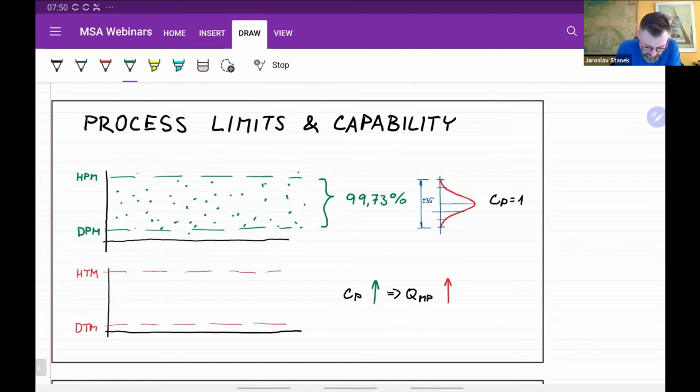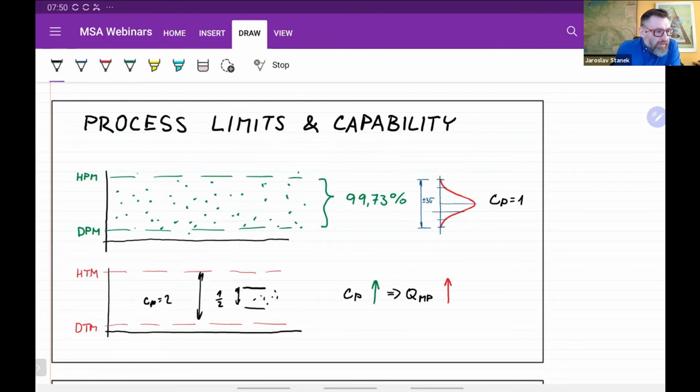And then we can go to CPs of different sizes. We don't need to have CP equal to 1. Usually the CP is more than that. So if the CP is 2, we expect that the process will cover only 1/2 of the tolerance limit.